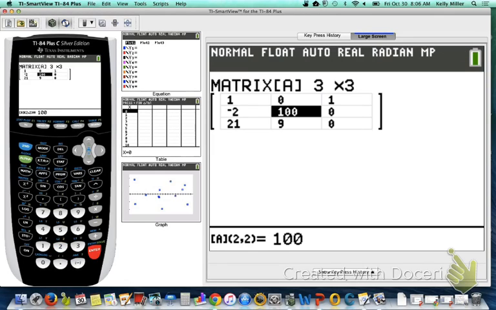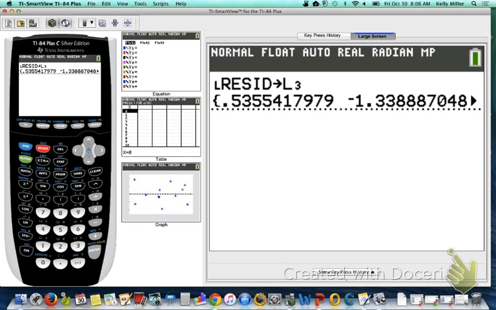Positive 2, not negative 2. 2, negative 2, negative 1, and then row 3 was 3, 0, 0. Okay, so once you have that inputted, hit second, mode to quit out and go back to your main screen.